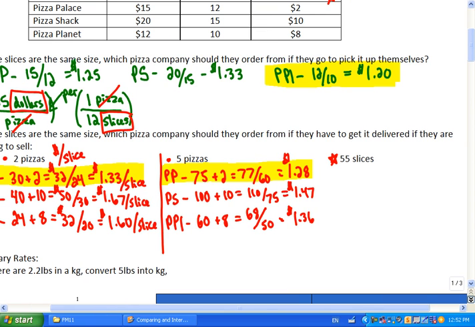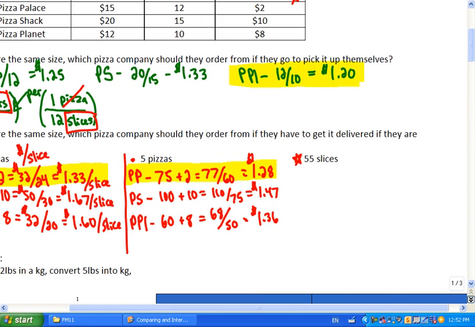Now, if we wanted to figure out 55 slices, we have to ask ourselves how many pizzas we're ordering here. So let's take a look here. Pizza Planet, Pizza Shack, and Pizza Palace. So, how many pizzas do we need from the Pizza Palace?